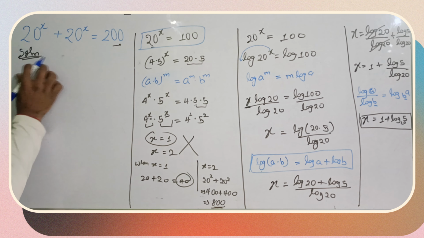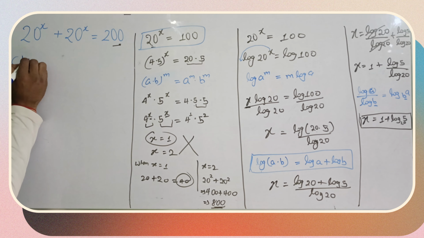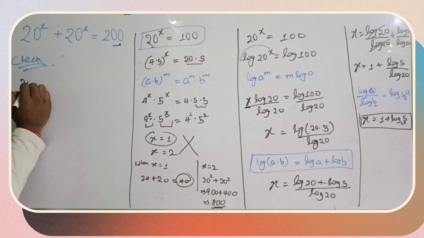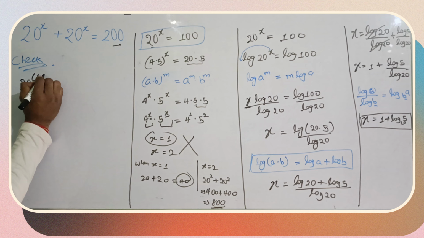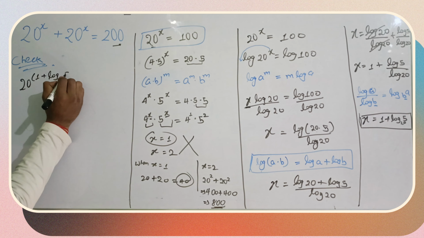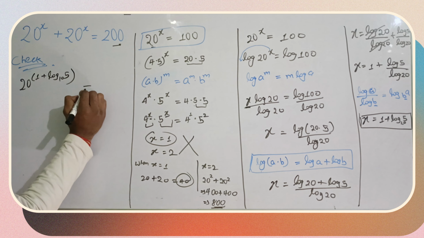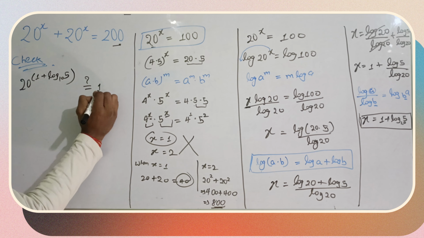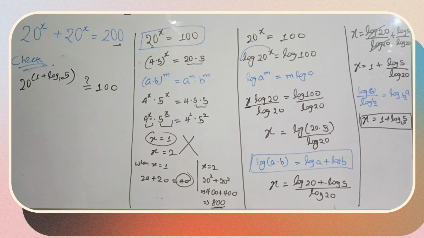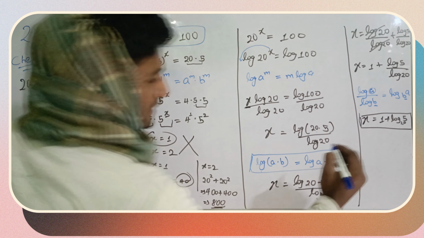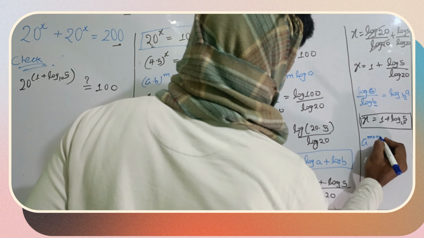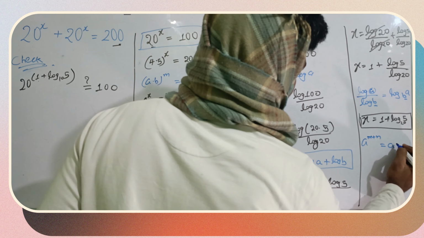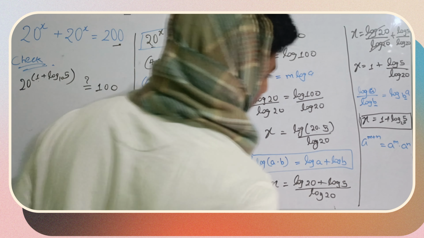So 20 raised to the power x is 20 raised to the power 1 plus log 5 base 20, and we want to check whether it equals 100 or not. Now we are going to use the property of a raised to the power m plus n. This property says that a raised to the power m plus n is equal to a raised to the power m times a raised to the power n.